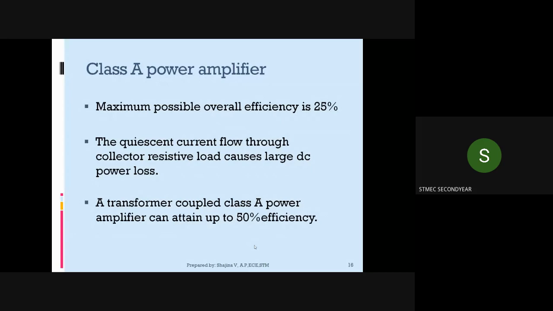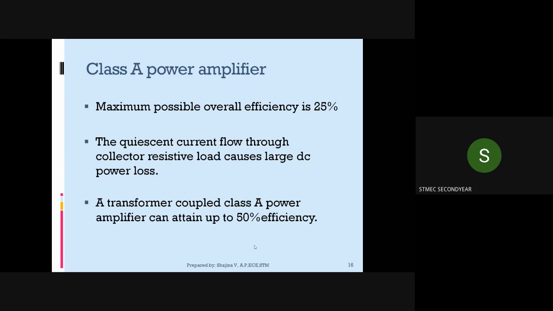Okay, so then we are using a normal voltage amplifier circuit here. Only the difference is in the value of the load resistor RL and the power. Instead of a normal transistor, we are using a power transistor. Only that difference will be there. But while we are using a resistive load, some of the DC power will be wasted at the resistive terminal, that is across the RL, the resistance connected to the collector terminal.